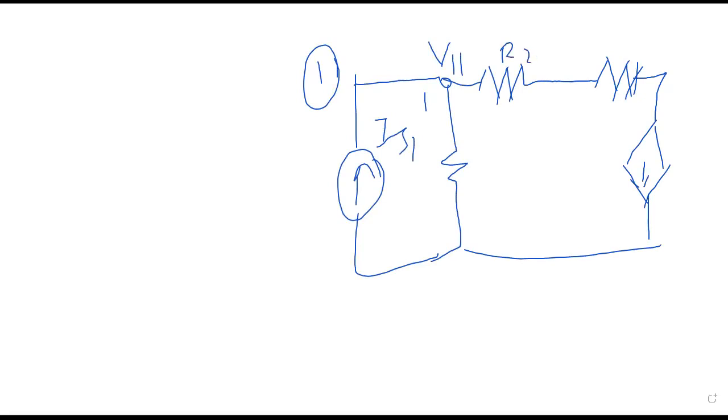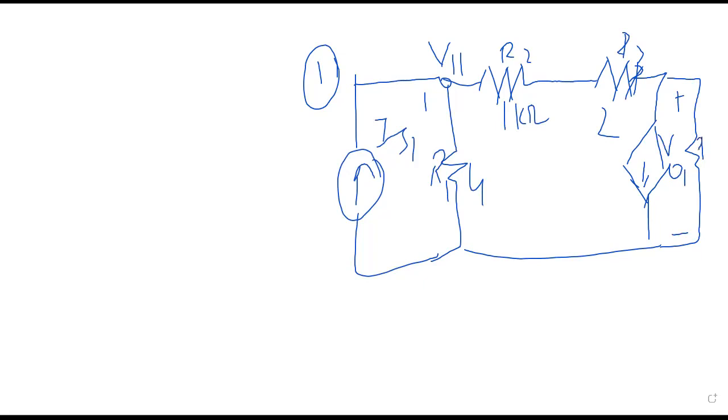R2 value is 1 kilo ohm. This is my R3, this is my R1. R1 equals 4 kilo ohm. R3 equals 2 kilo ohm. And then there is another resistance, plus negative. This is V0, and the path is 1, so it must be V01. And this is my R4. R4 basically equals 3 kilo ohms. Then, is it clear?